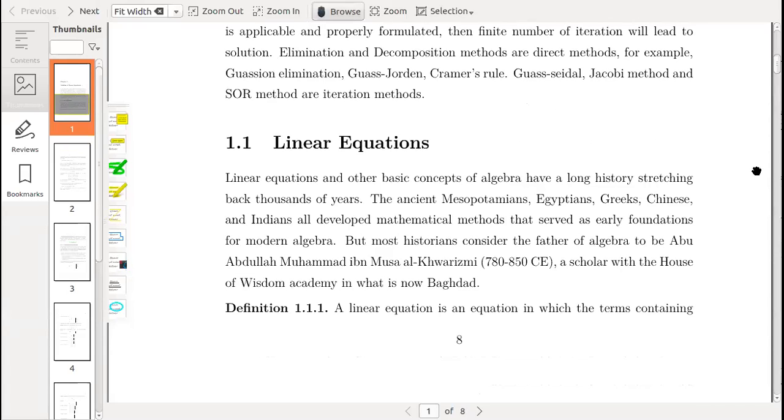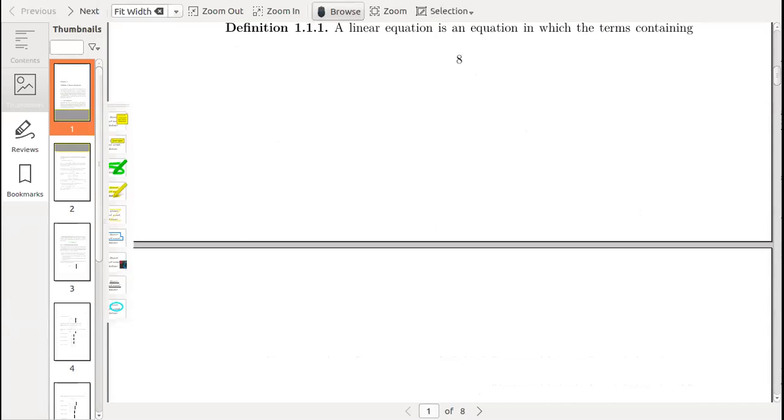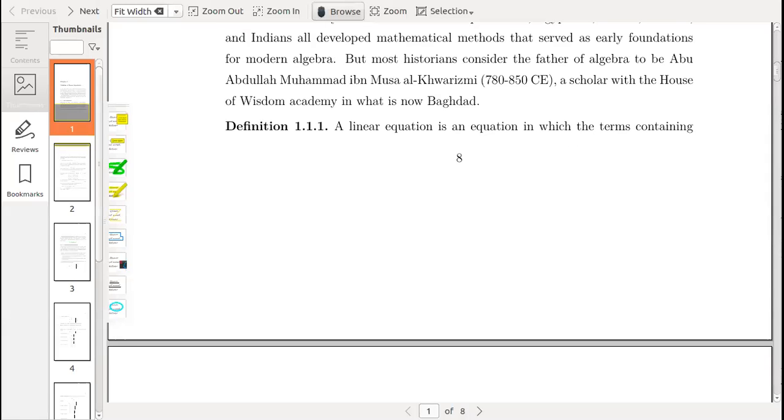And the second difference is that the graph of a nonlinear equation will not be a straight line. So it will be like a curve.